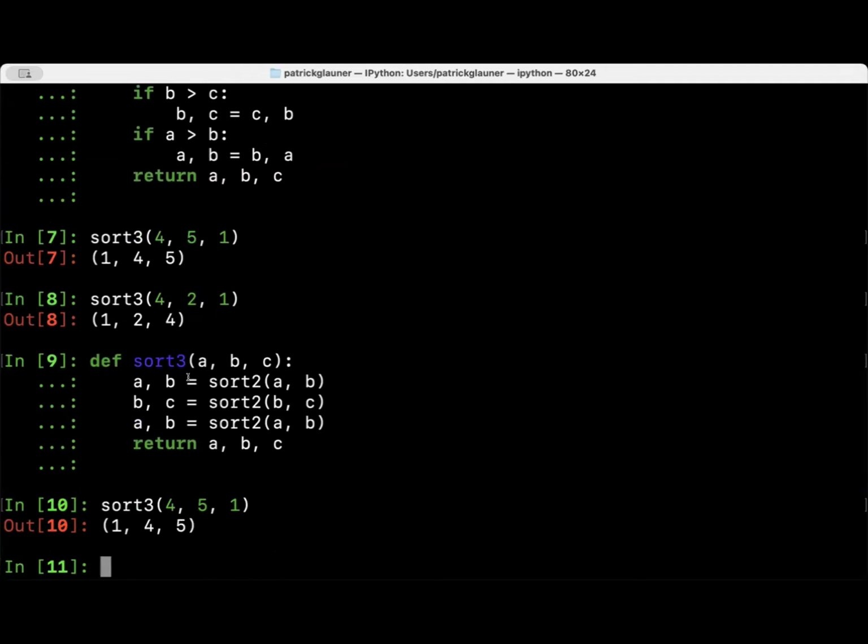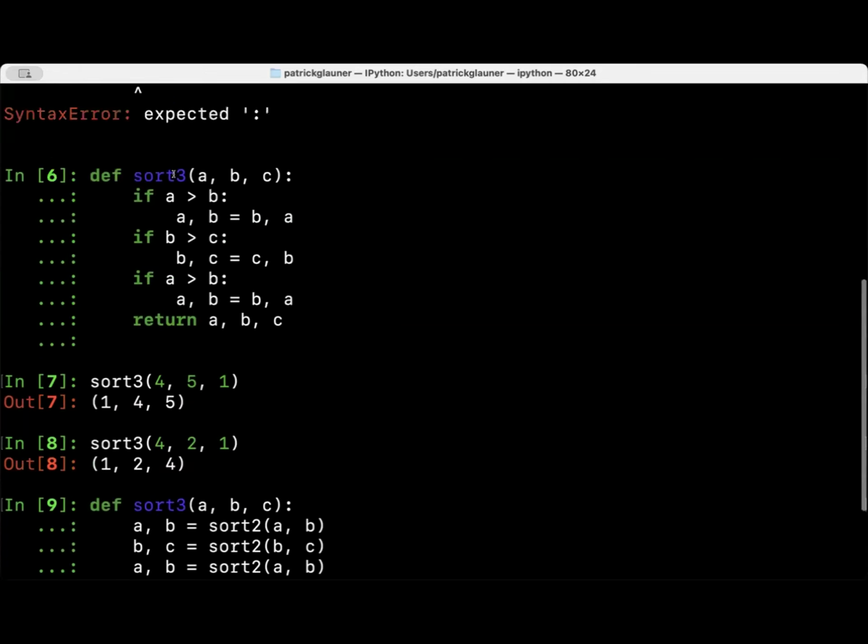We could also implement this for 4 numbers if we wish. So for a fixed number of values, this would be in constant time because it's not subject to the number of values.